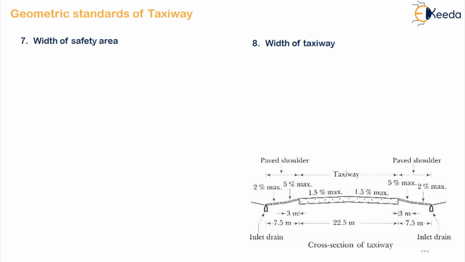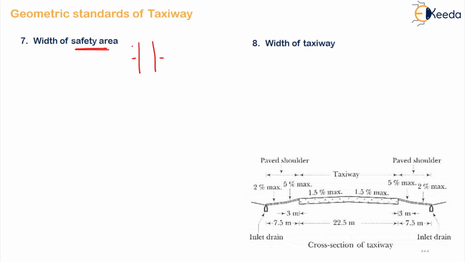So normally the safety area is made up of partially paved shoulders on either side plus the area which is graded and drained. Okay, so it extends up to a point where it intersects a parallel runway, taxiway or an apron. Now before the advent of jet aircraft, the shoulders were given either of the following two treatments.